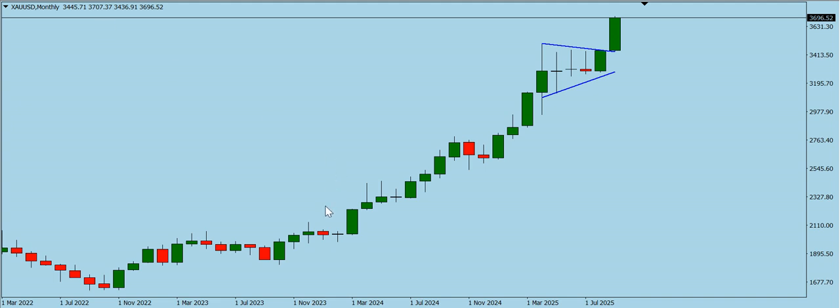Price is able to respect the ascending trend line on the monthly time frame, and we expect the momentum to continue to build up for gold.